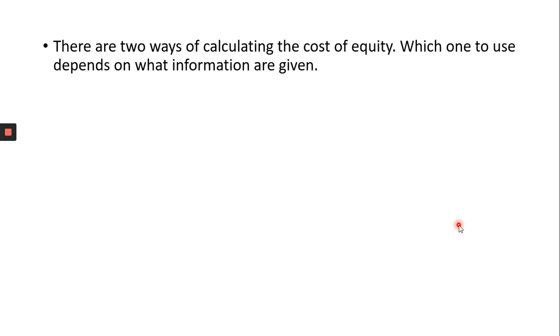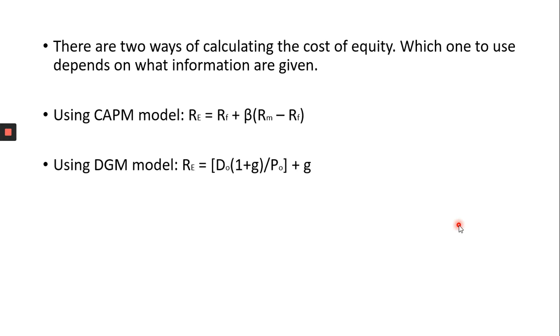There are two ways of calculating the cost of equity. One is using the CAPM model, another is using the DGM model. Which one should I use? The answer is that you use the equation for which the information is given in the question. If the question gives you the risk-free rate, the beta, the market rate or the risk premium, then you can use the CAPM model.